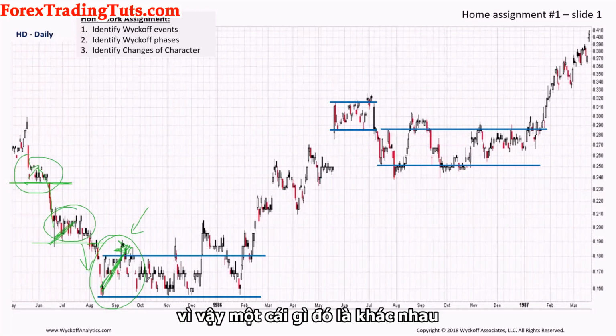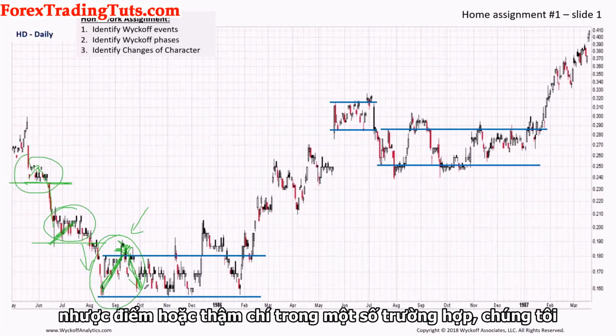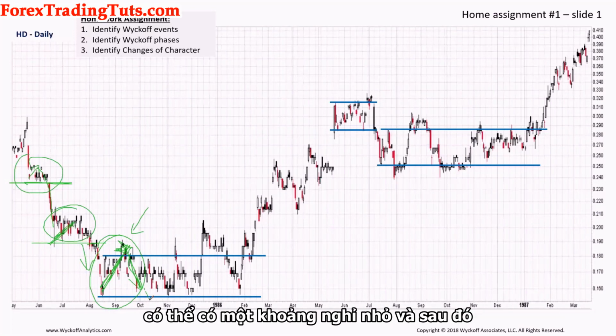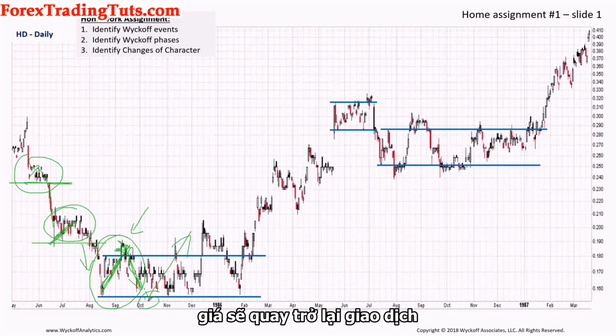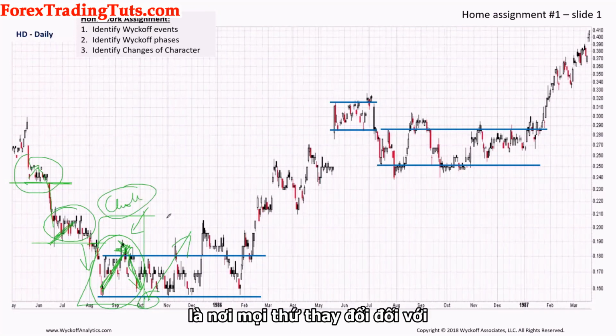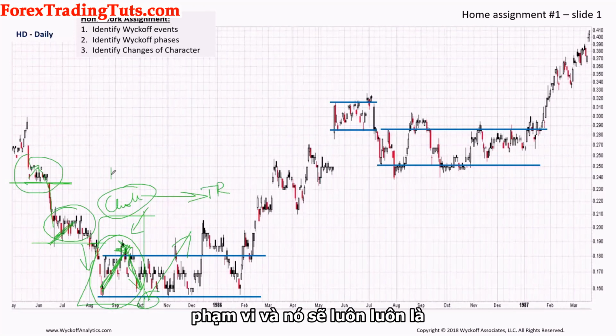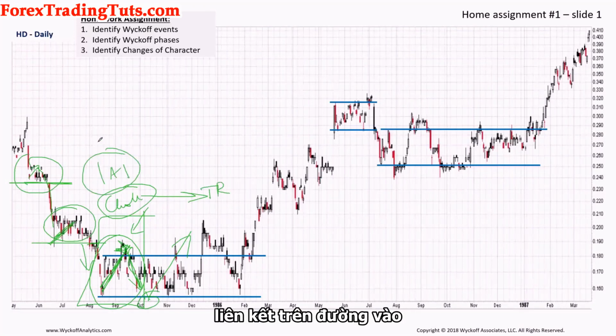So something is different, and then we don't have the next break to the downside. Or even in some instances, we might have a small break and then the price will come back into the trading range. So this is a change of character. This is where everything changes for the downtrend, and we might expect a trading range. And it's always going to be associated on the way in with phase A.